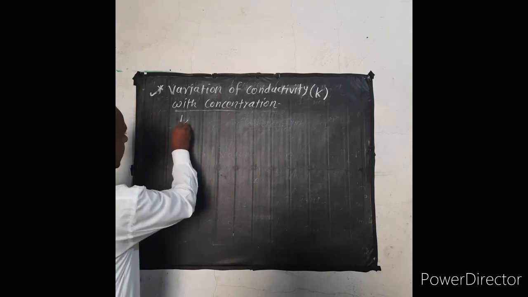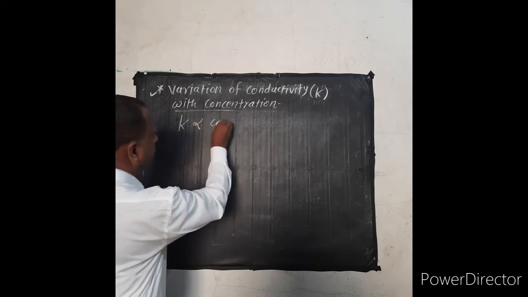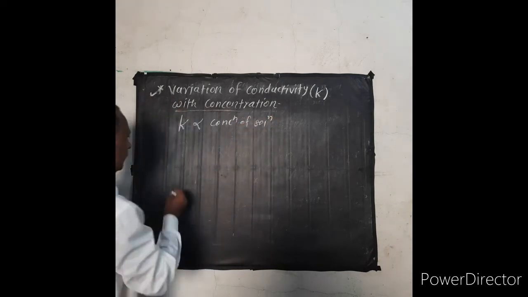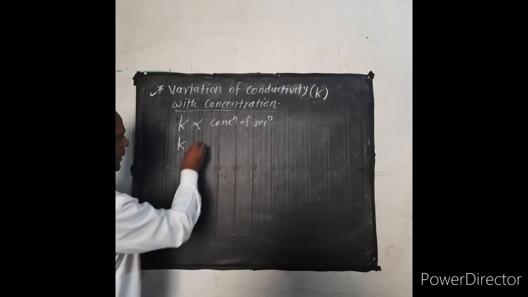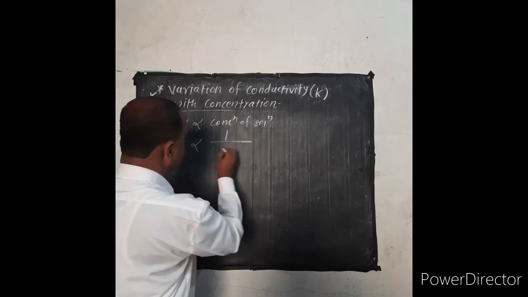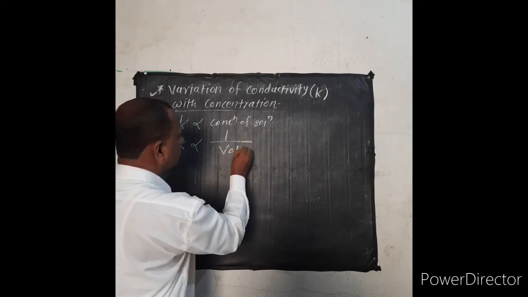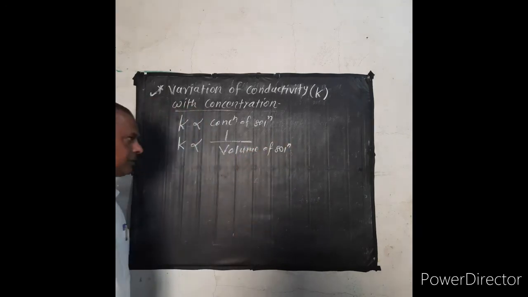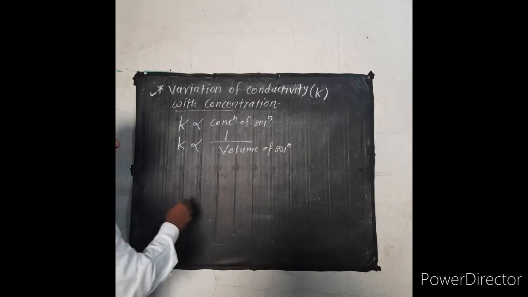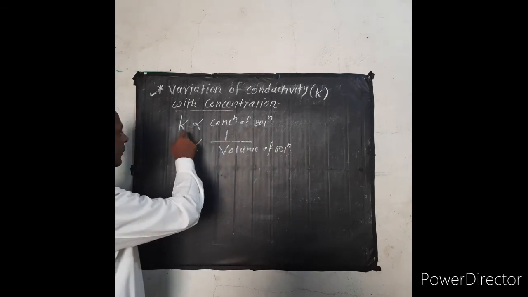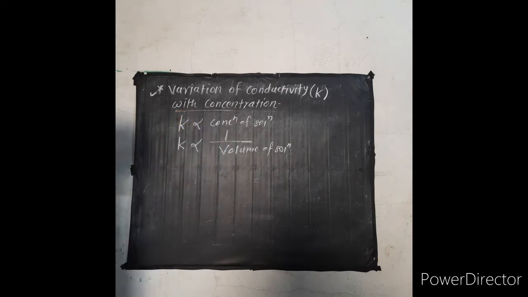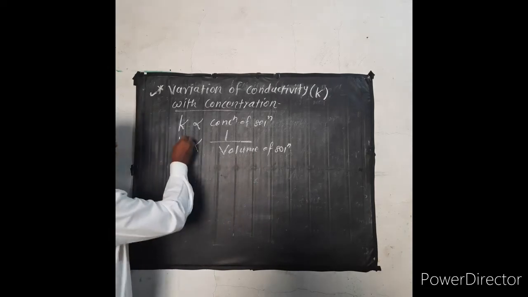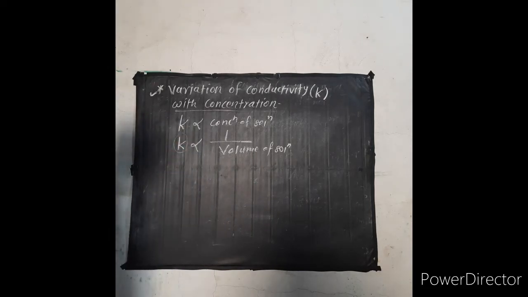In short, K is directly proportional to the concentration of the electrolytic solution, but K is inversely proportional to V, the volume of solution. When the concentration of solution increases, conductivity K increases, but when the volume of solution increases, conductivity K decreases.